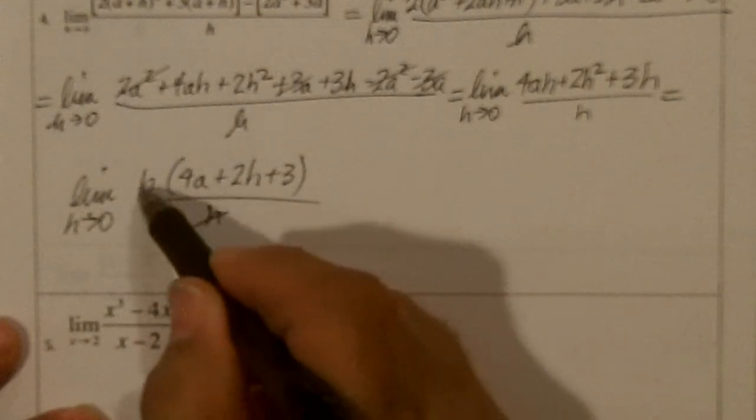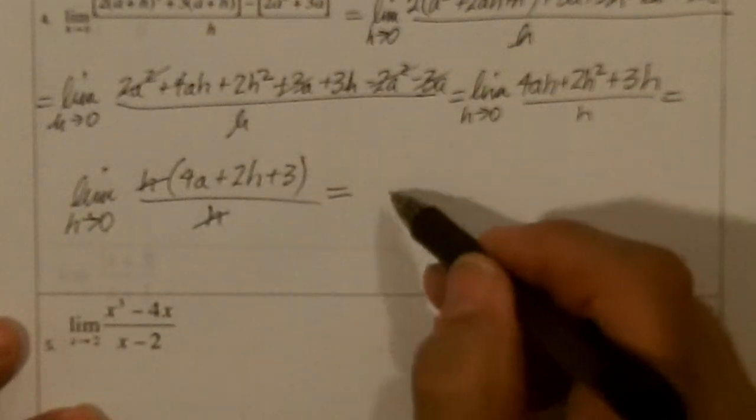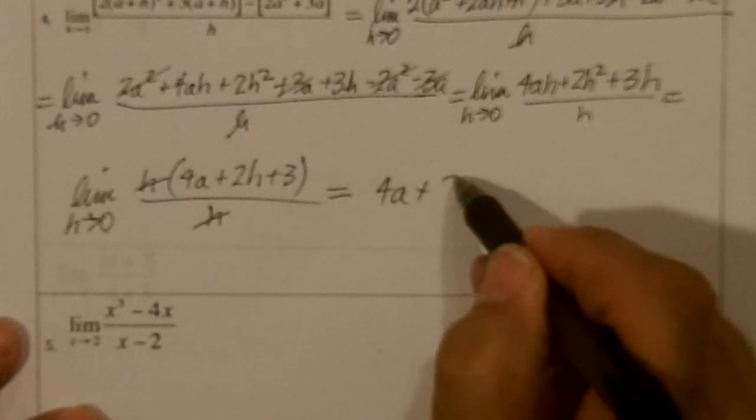And here the h's cancel, so now I can take the limit, putting 0 in for the h, and I get 4a plus 3.